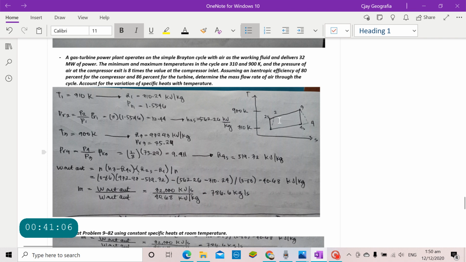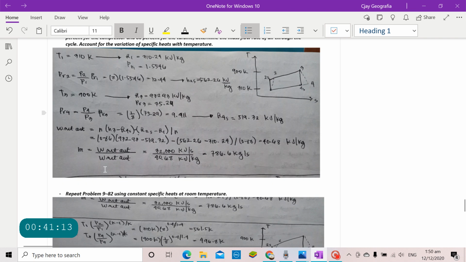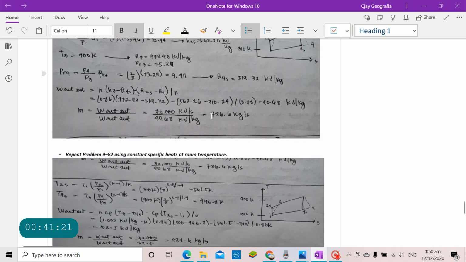It's kind of interesting, the diagram or the process of the turbine or the Brayton cycle. So we can have the value of m. By plugging it in, we know that the value of m is 386 kg per second. So this is our answer.